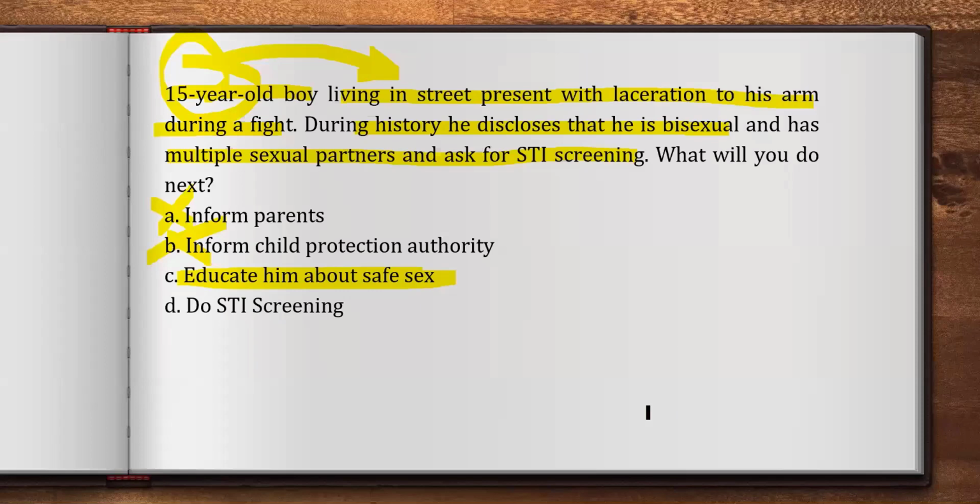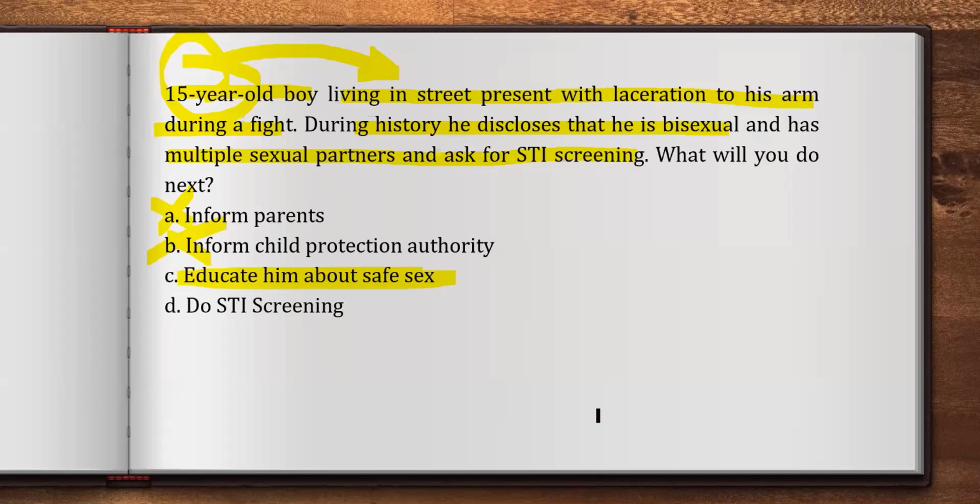Choosing safe sex education doesn't mean that we are not going to do STI screening. Obviously, we have to do STI screening for him. He is high risk. Okay, we're not just sending him away with a safe sex education. We need to understand the question. If the question asks next, it means what is the initial part we are going to do.